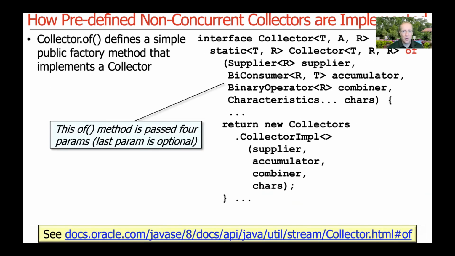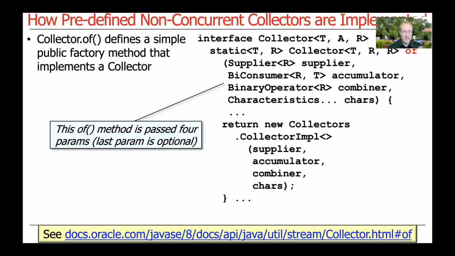The good news, of course, is that the designers of Java said, well, we want to give people a nice, convenient way to leverage the CollectorImpl subclass without them having to do all the subclassing. So what they did, which is actually a very clever approach, is they created an of factory method, which is part of the Collector interface. This is used to implement a collector by passing in different parameters, which of course are going to be functional interfaces.